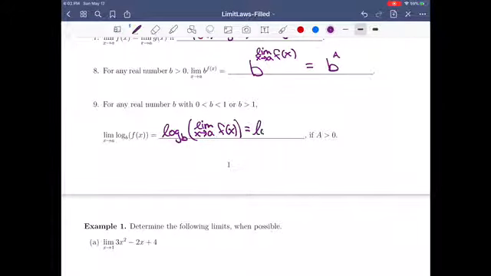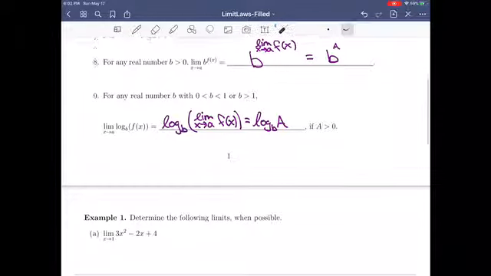So that's going to be log base b of capital A. Now, again, nothing bad can happen. So this is assuming that your a is positive. Okay, so if a is negative, you can't take log of a negative number. That's something bad. Okay, so that would be an instance where we could not do that. But basically, as long as nothing bad happens, you can usually do what you want to do when you're using limits. So let's try some examples.